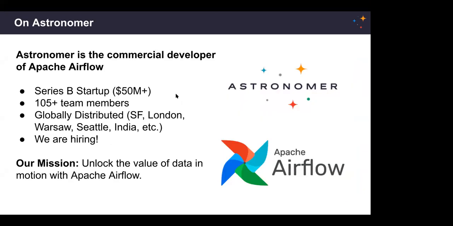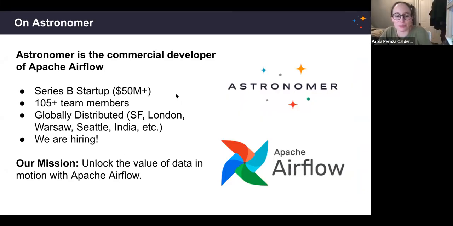Astronomer is a commercial developer of Apache Airflow. For folks who are familiar with Confluent or Databricks, what Confluent is to Kafka, Databricks is to Spark, and we are to Airflow. We're a startup. I live in Cincinnati, like I said, but we're totally globally distributed. We have folks in San Francisco, London, Warsaw.